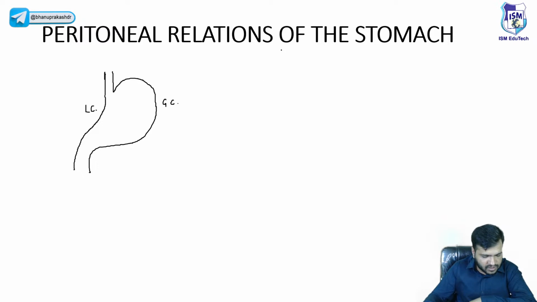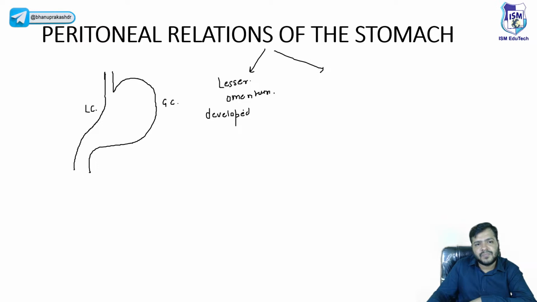When we talk about peritoneal relations, you are very well aware that it is the lesser omentum, which is developed from the ventral mesogastrium. It is attached on the lesser curvature. So we have the lesser omentum, and it is developed from the ventral mesogastrium, right?